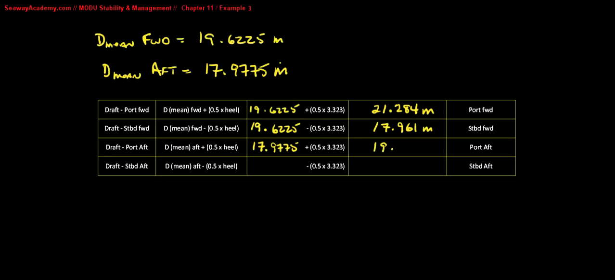So our draft port aft will be 19.639 meters. And for starboard aft, we're going to take our mean draft aft and subtract half of our heel. So we're going to get a starboard draft aft of 16.316 meters.